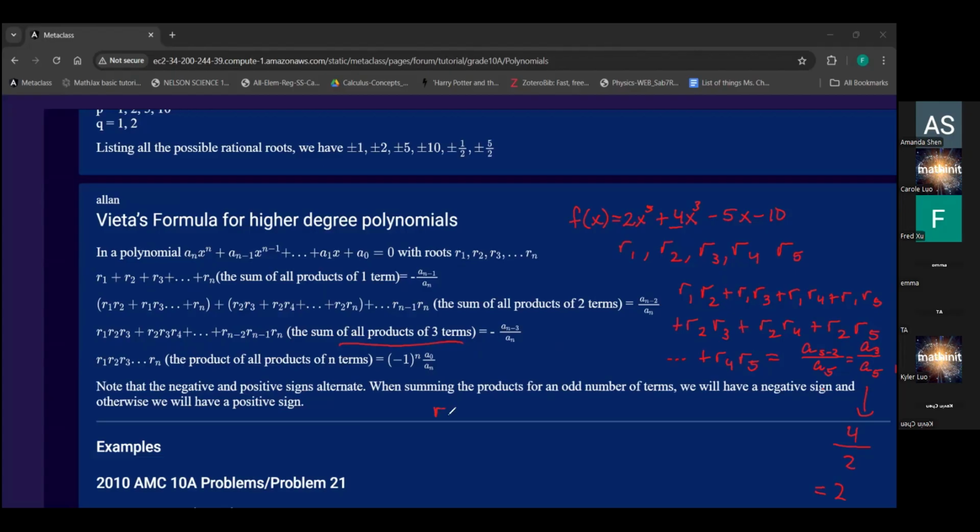That's R1 times R2 times R3 plus, still using this example, R1 times R2 times R4 plus R1 times R2 times R5. And then you're basically just repeating over and over again, all the way until the last one would be plus R3 times R4 times R5.